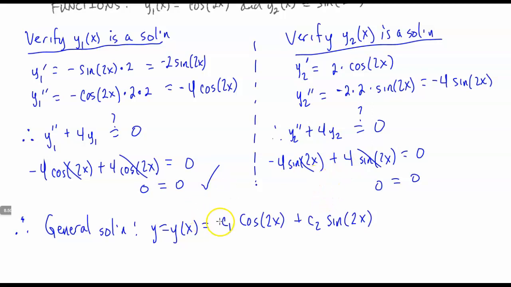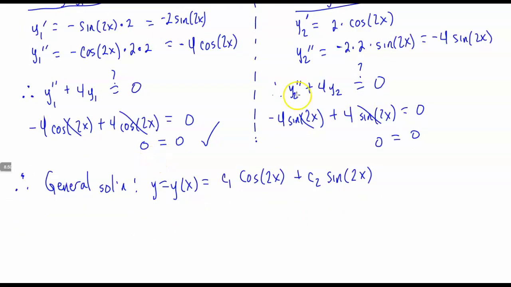And so, of course, to figure out what C1 and C2 are, we're going to need to apply the initial conditions so that we can find out the specific member of the family of this ODE that has those properties in mind. Meaning, here's our general solution here.